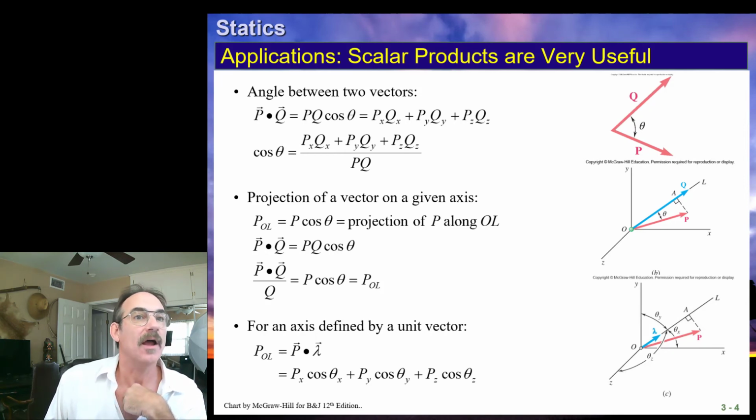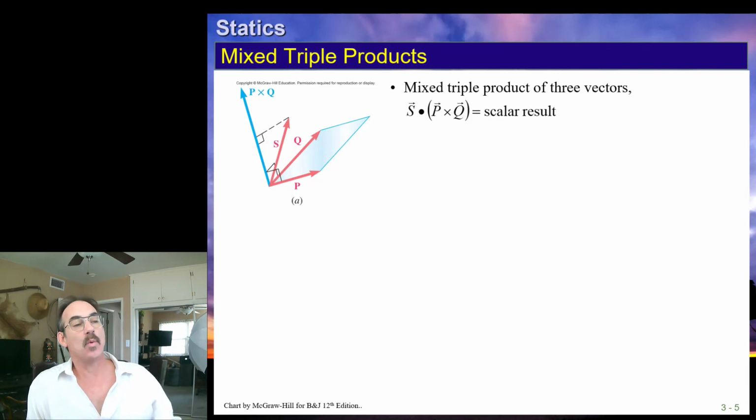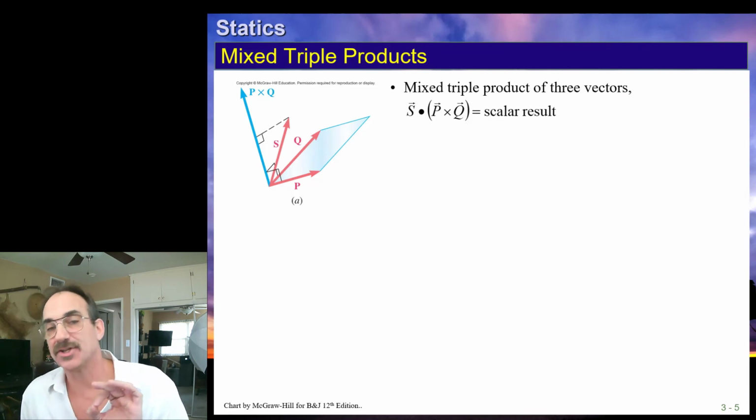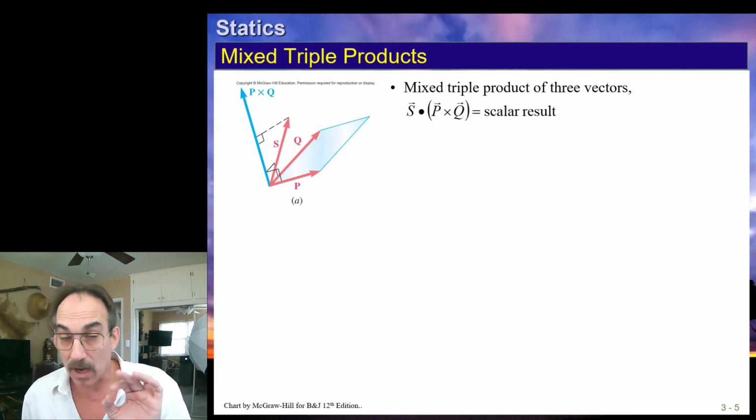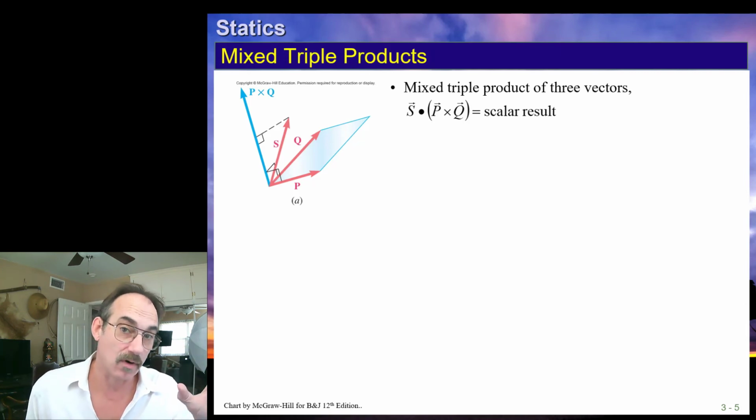Make sense? Okay. This brings us to one other idea, and this is the mixed triple product. Once again, you need to first watch my cross product video, unless you already understand cross products.